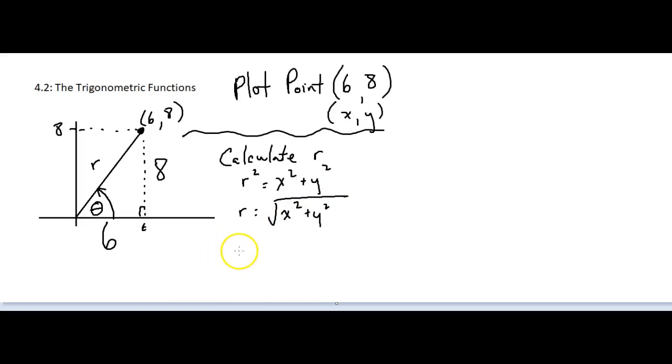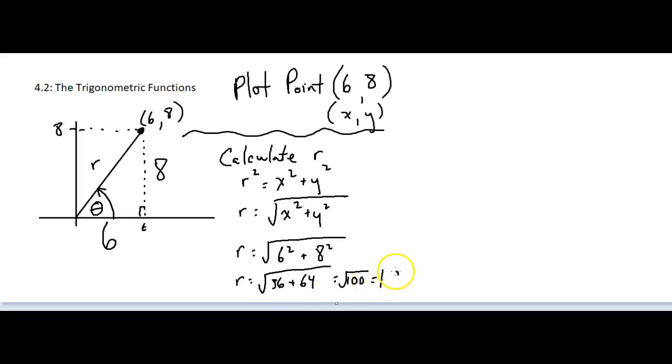So to calculate r in this case, r is equal to the square root of 6 squared plus 8 squared, which is the square root of 36 plus 64, which is the square root of 100, which is 10.